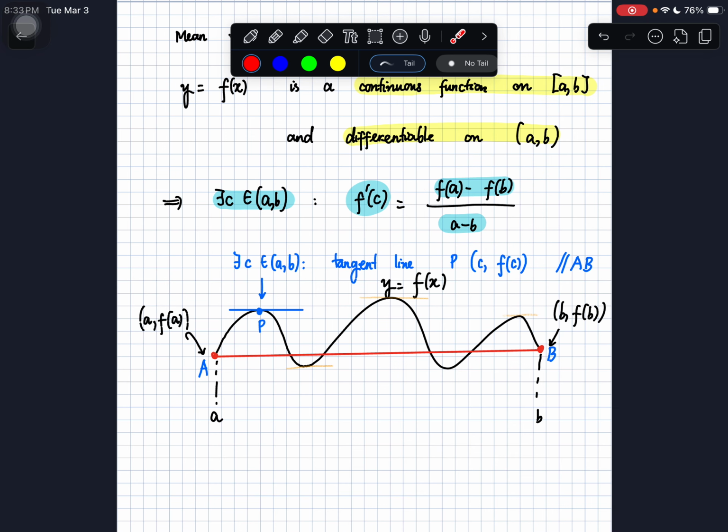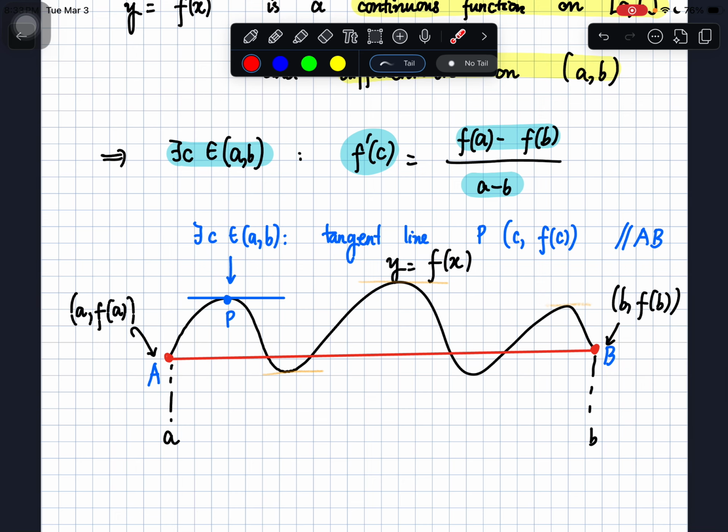So this is to say that there exists a point on the graph, if you draw the tangent line, then that tangent line will be parallel to AB. That's what the theorem says. So in this example, I have multiple such points c.